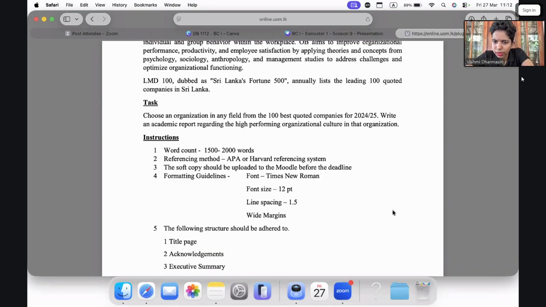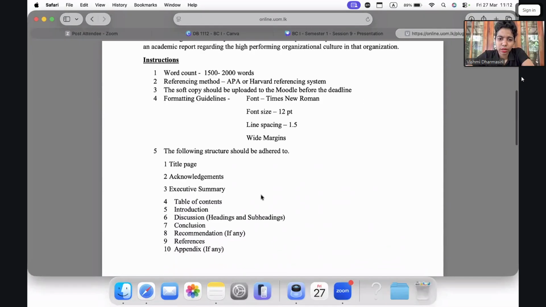Do we need to explain what organizational behavior is or only the company information? In your executive summary, you have to give an explanation of what organizational behavior is, but very briefly. You don't need a lot of sections dedicated to that.